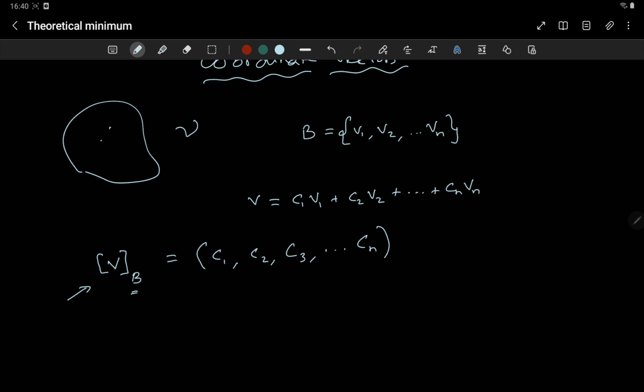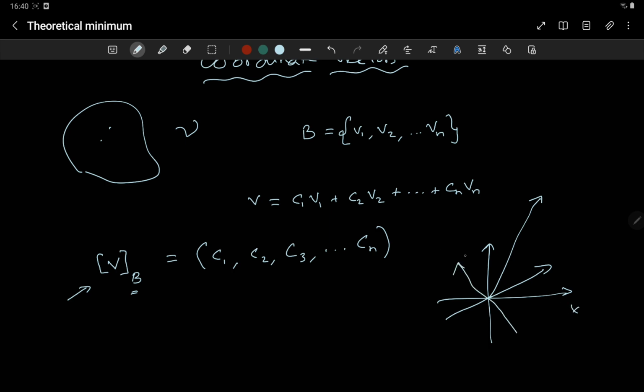Okay, it is the same as, say, in this xy plane. There is some vector, which I represent in the xy plane. Say there is another axis or coordinate system.